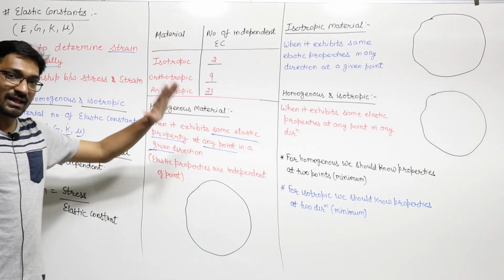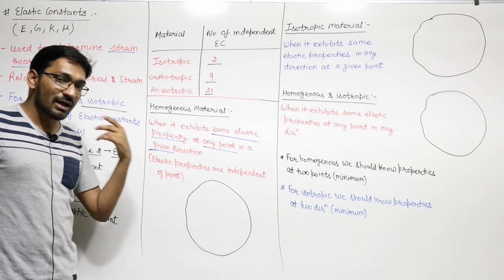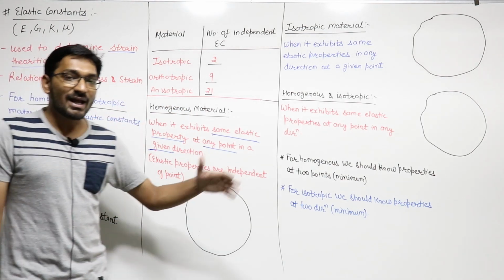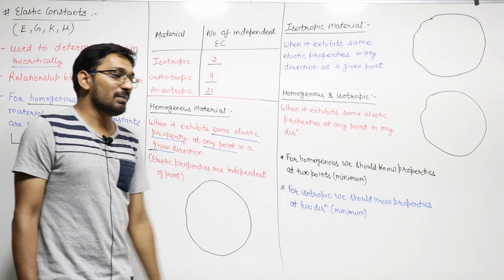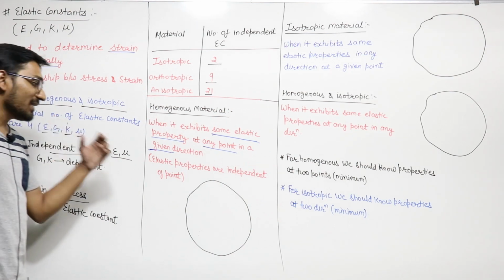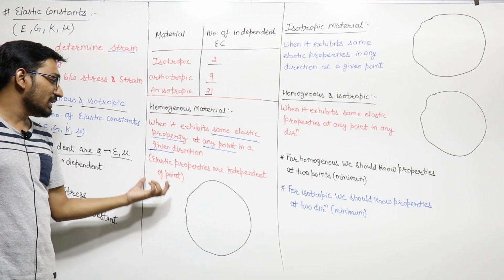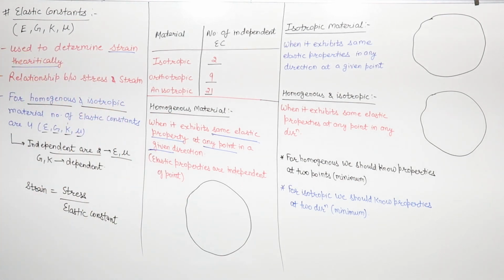If you change the direction, the value of property will change, but at any one point or at any point in the material in a given direction, the value of your elastic constant will be same. So the elastic properties are independent of point. In case of homogeneous, elastic properties are independent of the point.